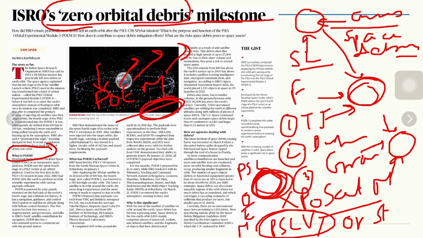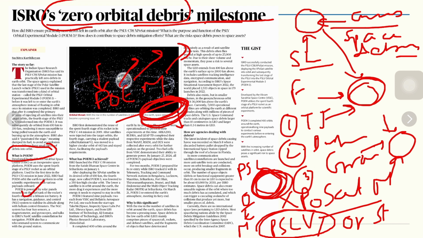It was used for the first time in the PSLV C53 mission, and ISRO had the POEM orbit the Earth as a stabilized platform to perform in-orbit scientific experiments with various payloads. So you must have understood that it was turned into an orbital platform to perform in-orbit scientific experiments with various payloads.